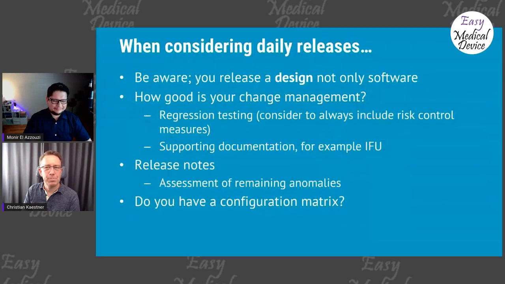So when considering daily releases, be aware you release a design, not only software, and that's why I'm raising a little bit of a warning flag. You can do daily releases, but you need to figure out a way to manage it so you don't invalidate perhaps usability, validation, and things like that.